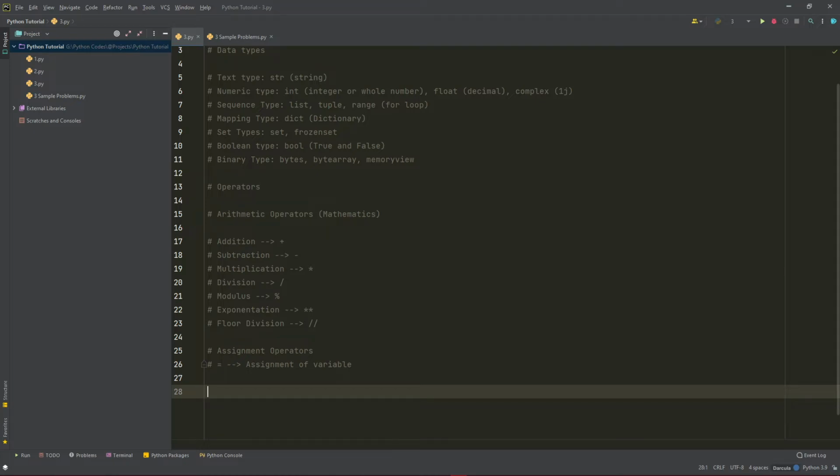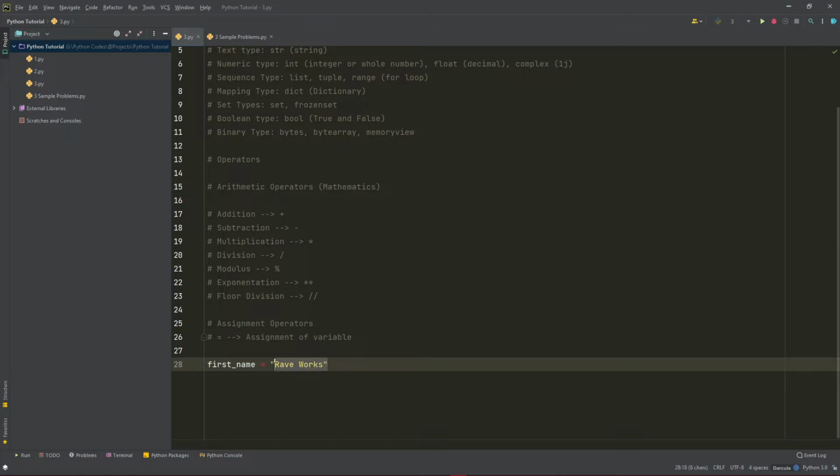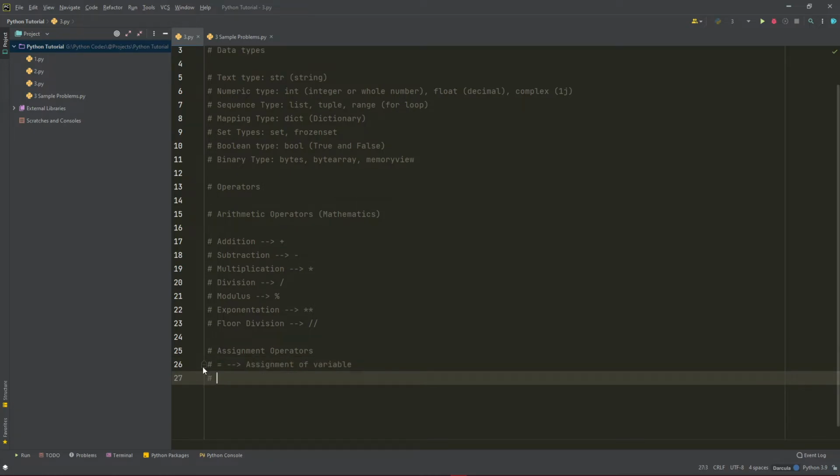So in the first name variable, for example, we use the equal sign, right? Now, for example, my name is RaveWorks. So this RaveWorks, or this string, is assigned to the first name variable, which uses the equal sign. So this is the purpose of the assignment operator.